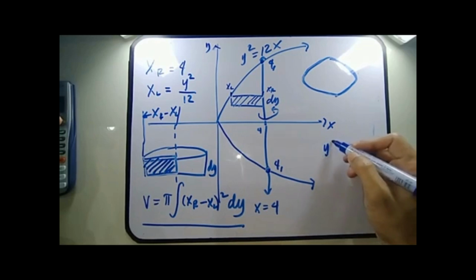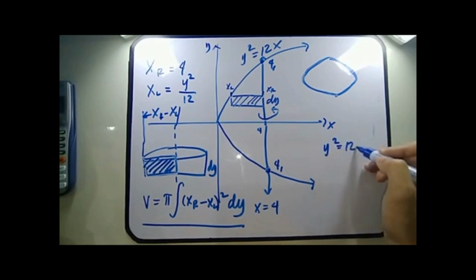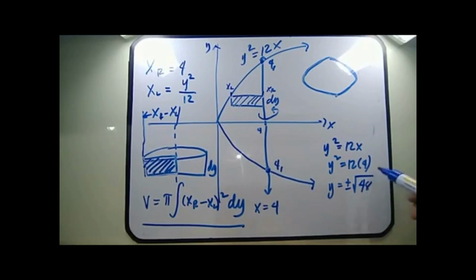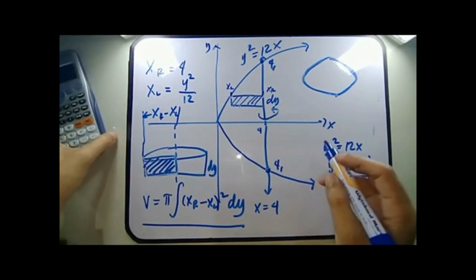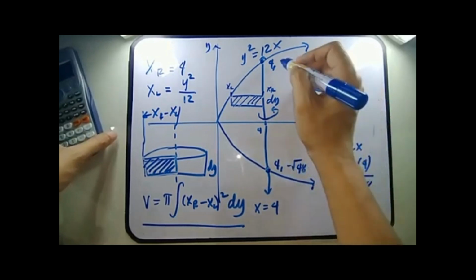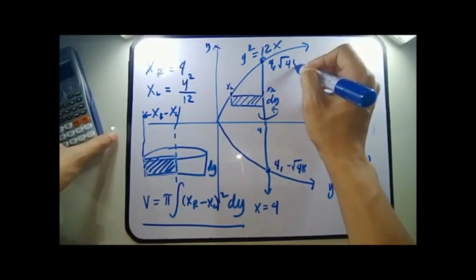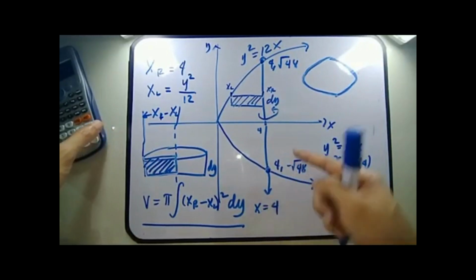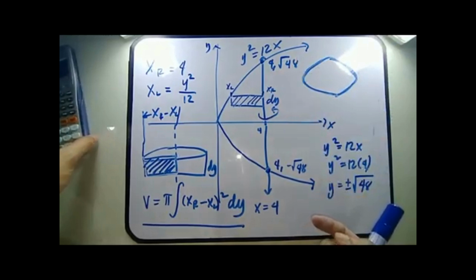So, y squared equals 12x, so y squared equals 12 times 4. You have y equals plus or minus the square root of 48. It is plus or minus, guys, because of the square root. So, this will be negative square root of 48 and positive square root of 48. Therefore, our limits, guys, are negative the square root of 48 to positive the square root of 48.